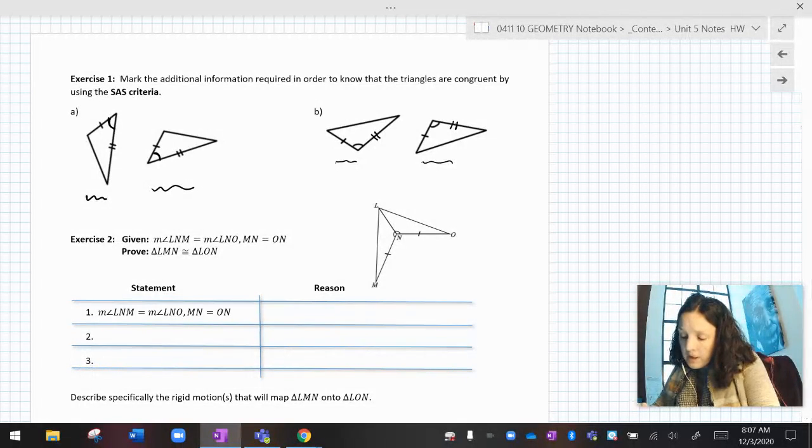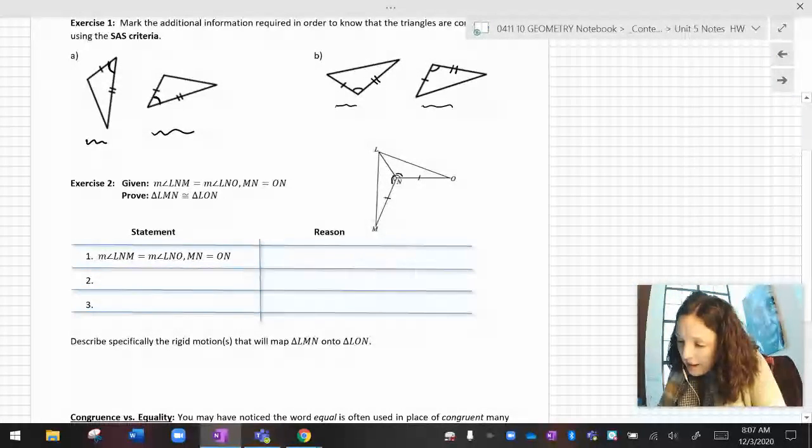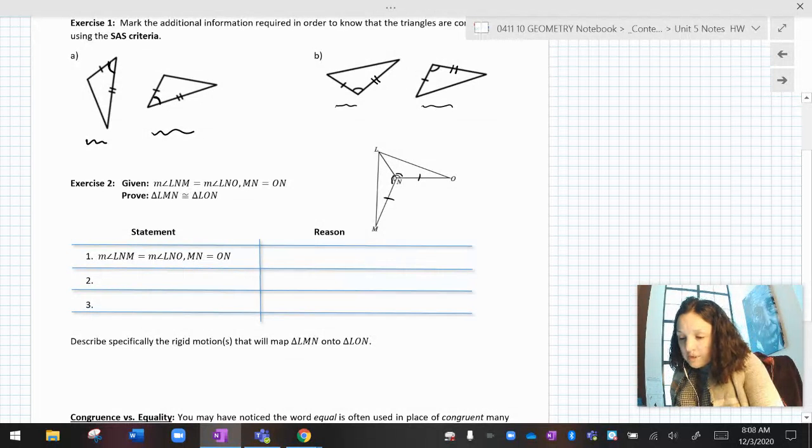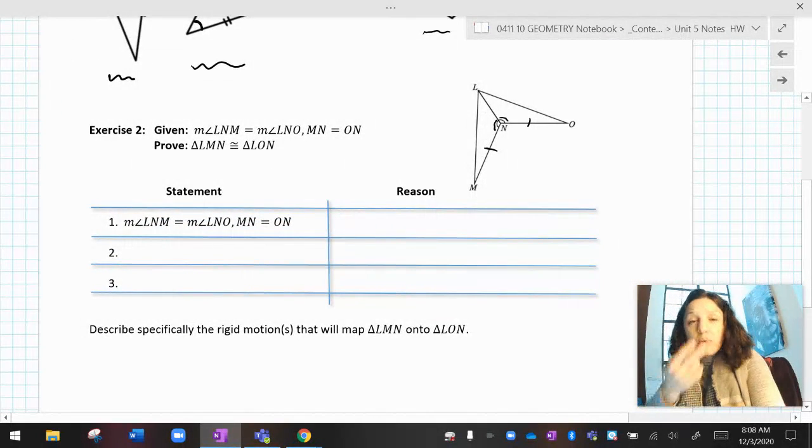Okay. So if we come down here and I look at this picture, it says, given that LNM, this angle, is congruent to LNO, that angle, and MN is congruent to NO, prove that the triangles are congruent. Okay, well, if I want to prove the triangles congruent, right now we have 2 ways to do that.